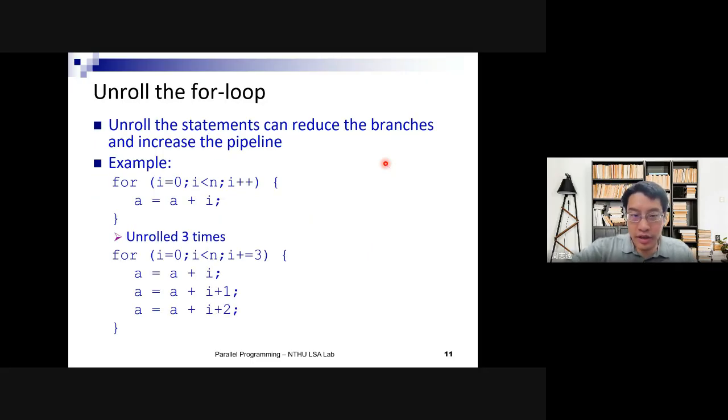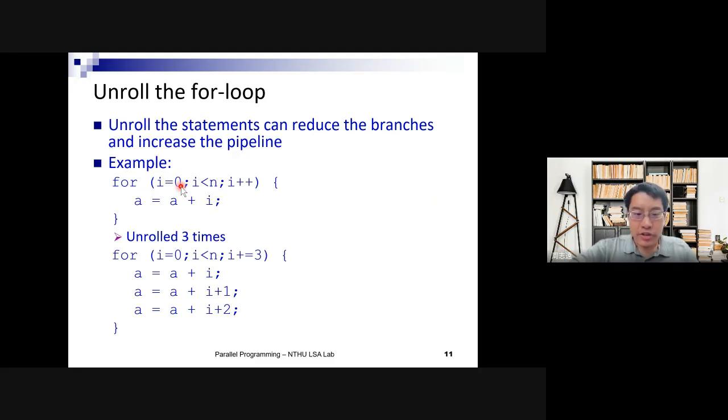Another technique, more related to execution, is to unroll the for loop. The reason you want to unroll a for loop on the GPU is that in a for loop you have a condition check after each iteration, which means you have to perform some additional computation.